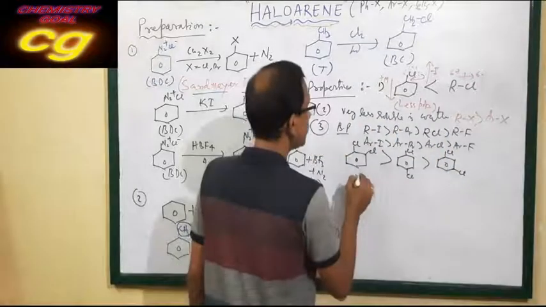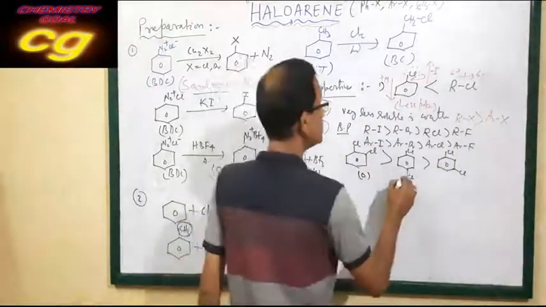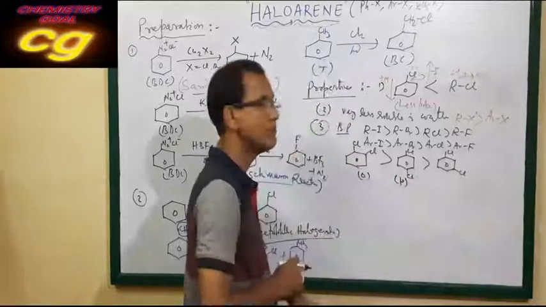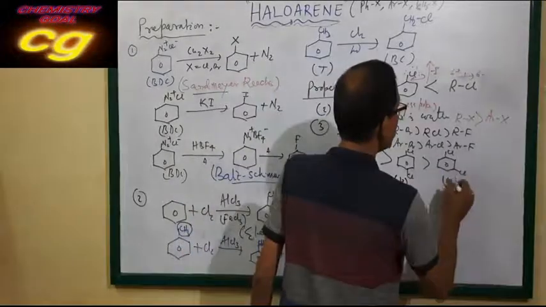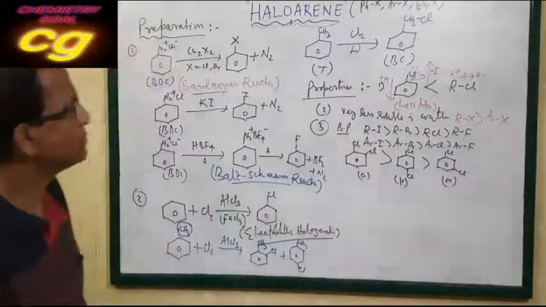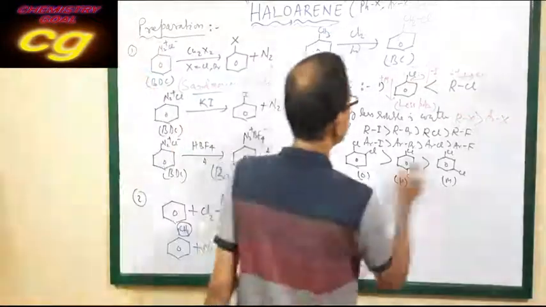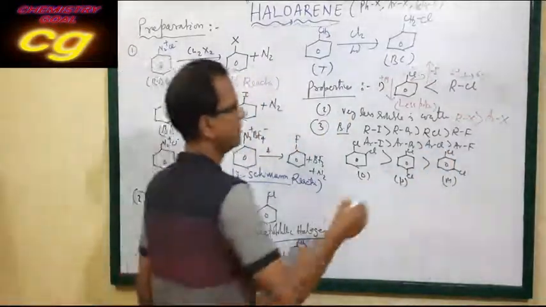This is ortho dichlorobenzene, this is para dichlorobenzene, this is meta dichlorobenzene. This is the boiling point order, BP.